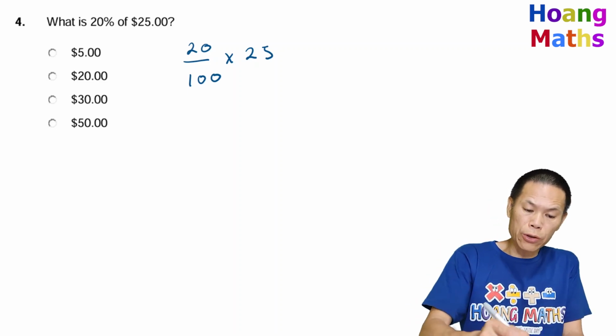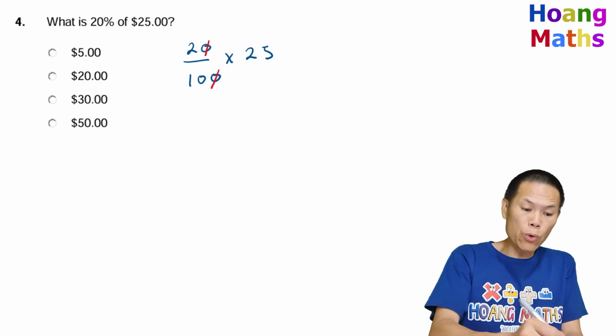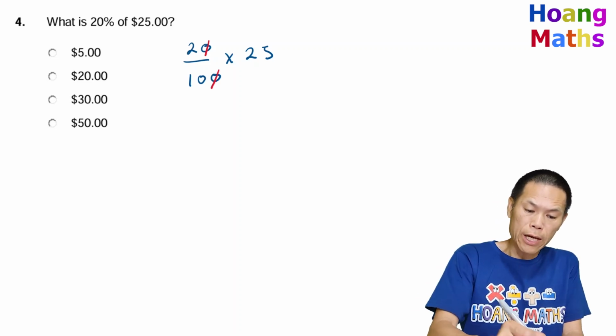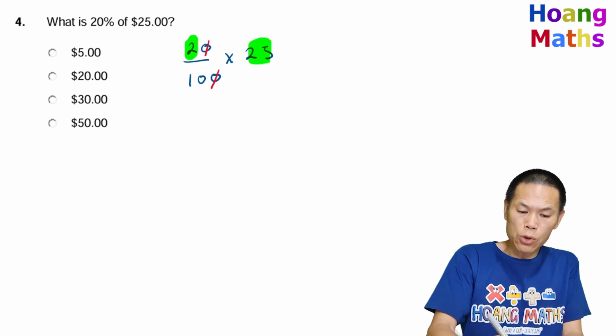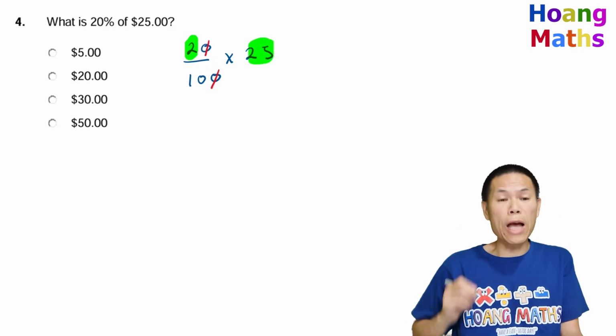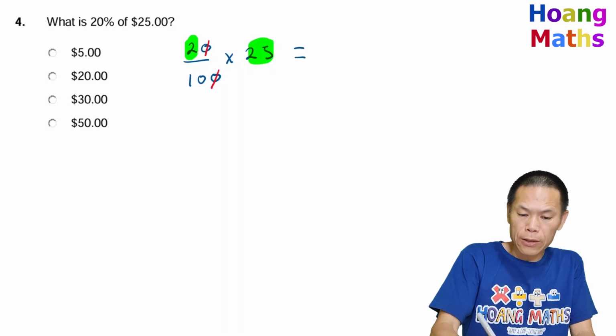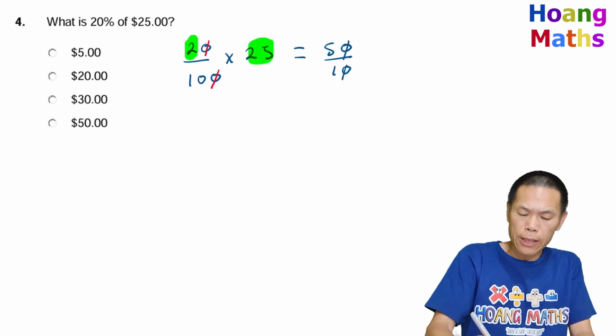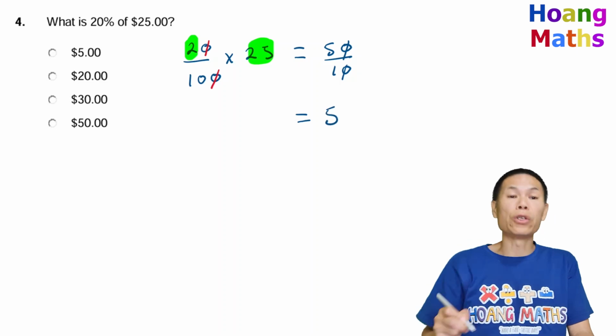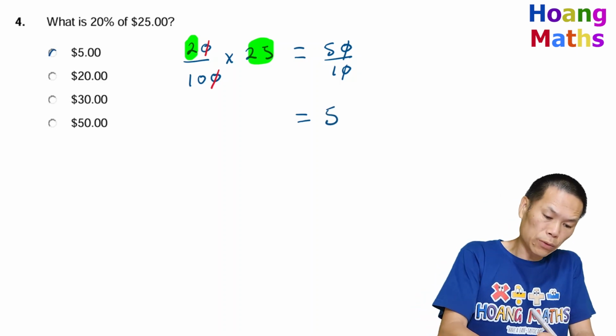So what I can do, I can simplify this 0 with this. And what I do, I times them in first, okay? So you go 2 times 25. So 2 times 25 gives me 50. So 50 over 10. So if I cancel this, that gives me 5. So the answer is $5.